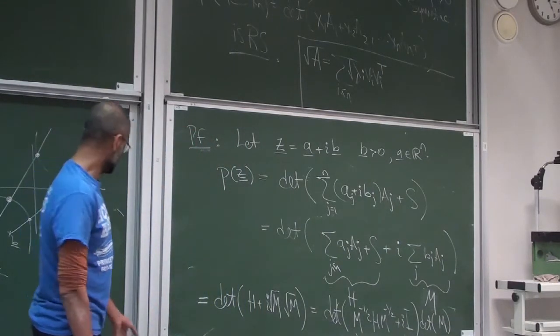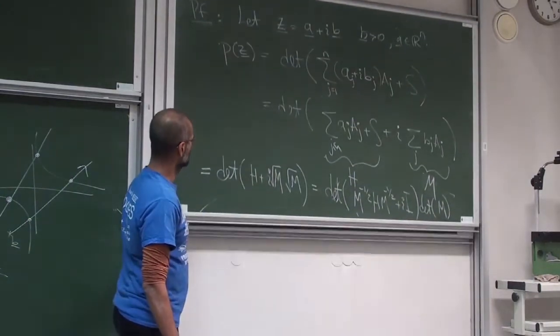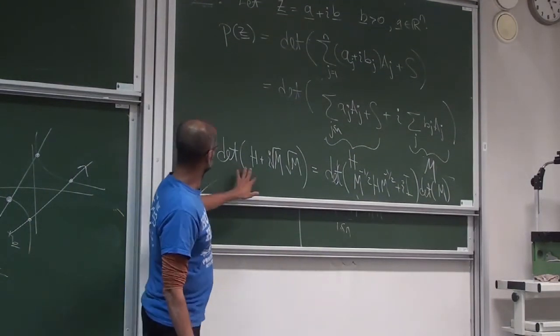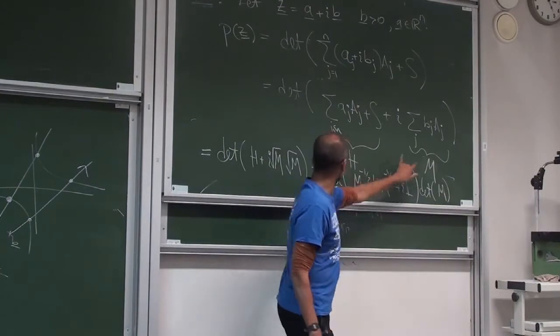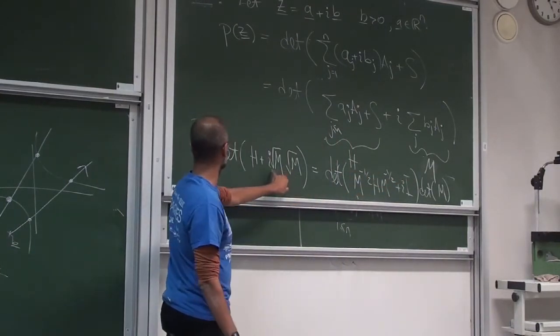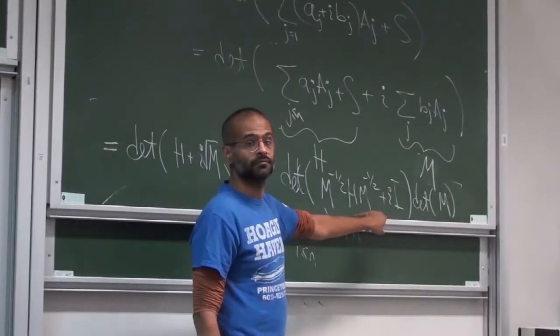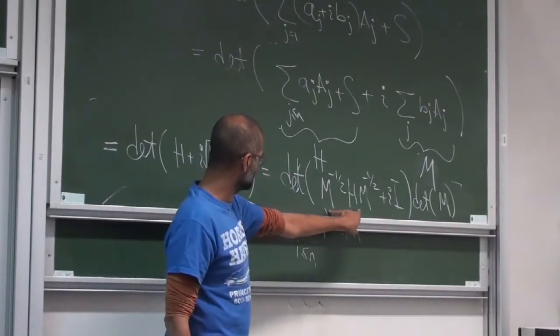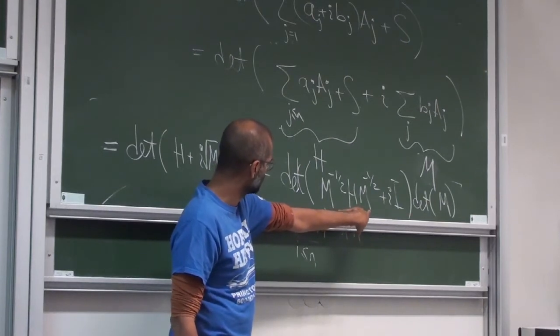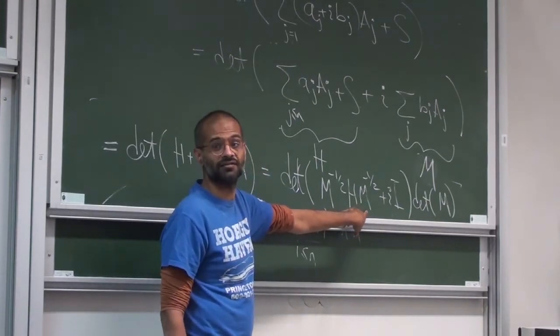Maybe you could pull the board a bit. Oh yeah. Okay. So I've just pulled out, this M has an invertible square root, so I just pull it out. I get this. But now this is the characteristic polynomial of this matrix evaluated at minus i.